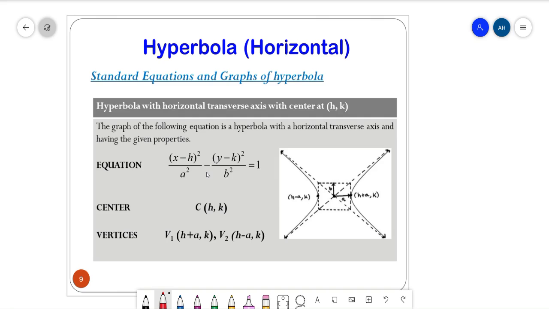This is for a hyperbola with horizontal transverse axis with center at h, k. The vertices: v1 will be h plus a, k. For v2 will be h minus a, k. That's the coordinate of v1 and v2.